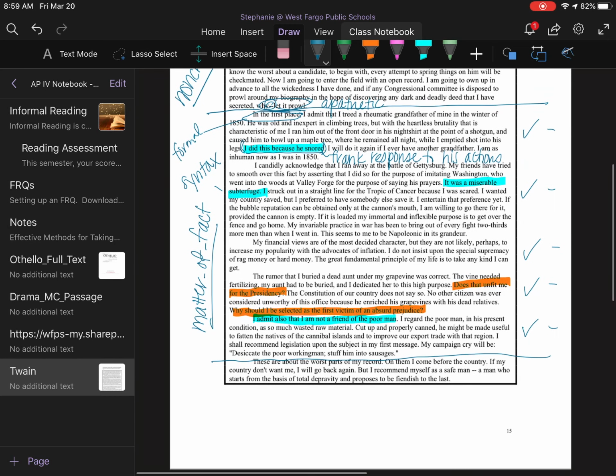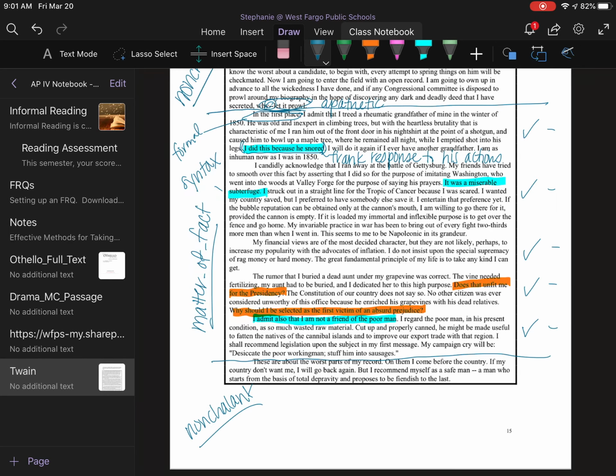And then the last thing that I'd point out, the last section, is where it says, these are about the worst parts of my record. On them I come before my country. If my country don't want me, I will go back again. But I recommend myself as a safe man, a man who starts from the basis of total depravity and proposes to be fiendish to the last. So there's quite a few things happening here. But I would say it's actually returning to that nonchalant tone that it started with.